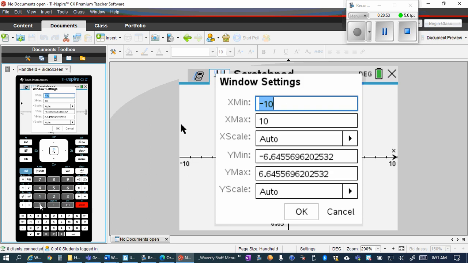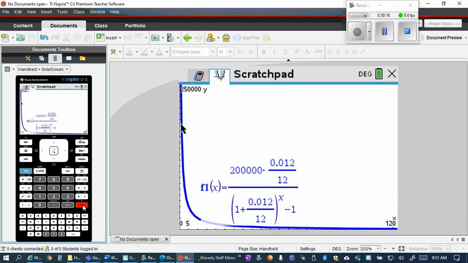Let's see, we'll actually go from 0 to, it's in months, right? So let's try 10 years, so try 120, see what happens here. 0 to about 250,000. I might have to adjust the x-axis there. That kind of gets it, right?